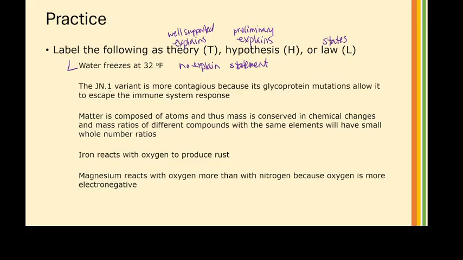The JN.1 variant is more contagious because its glycoprotein mutations allow it to escape the immune system response. Because this is an explanation, it's either going to be a hypothesis or theory. Now, a little bit tricky here is that I need to know how well supported this is. If I'm not a researcher in this field, I don't know whether everybody commonly accepts that it's so well supported that yes, glycoprotein mutations are allowing it to escape the immune system, or whether this is just a proposed explanation.